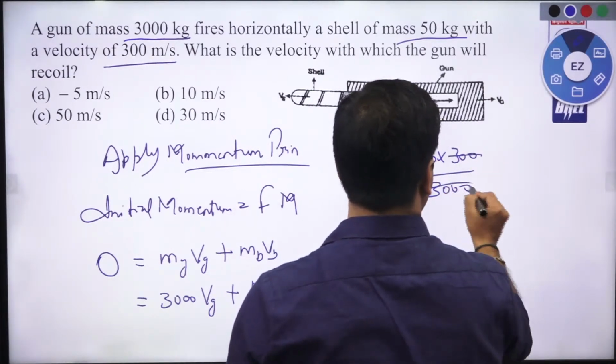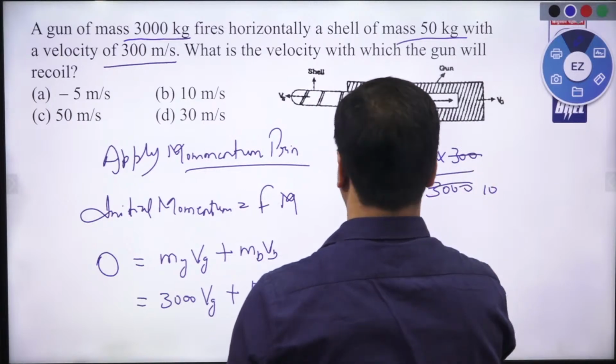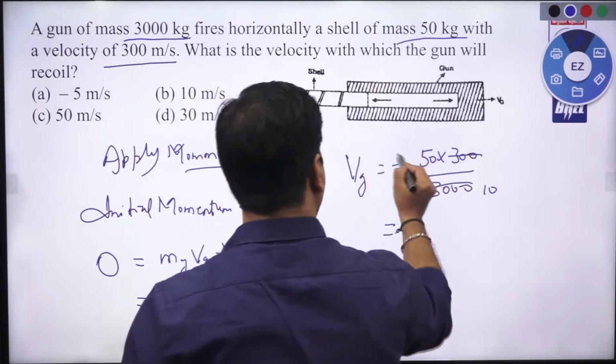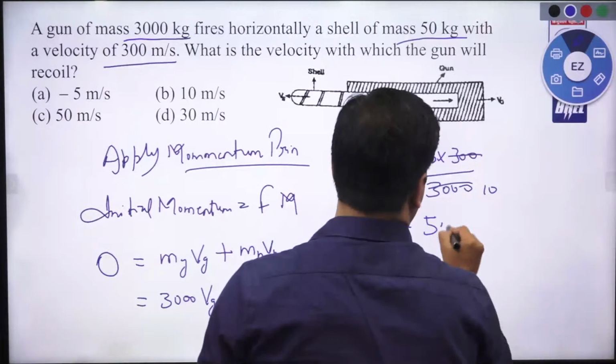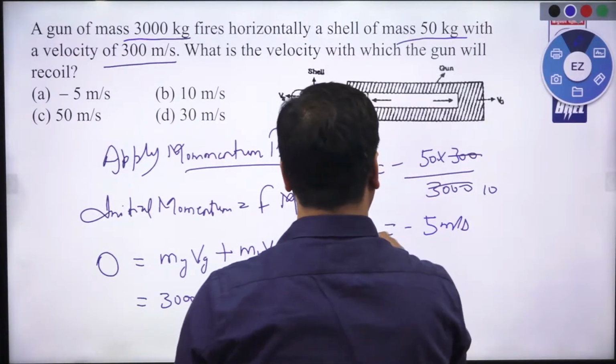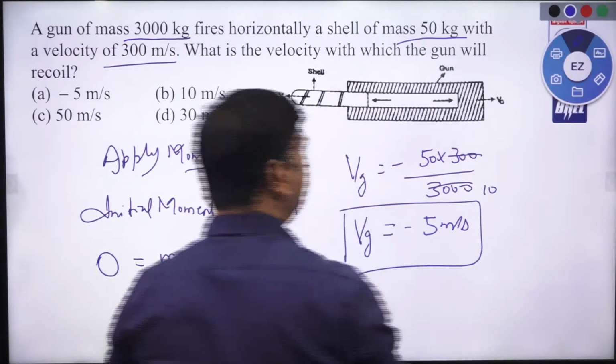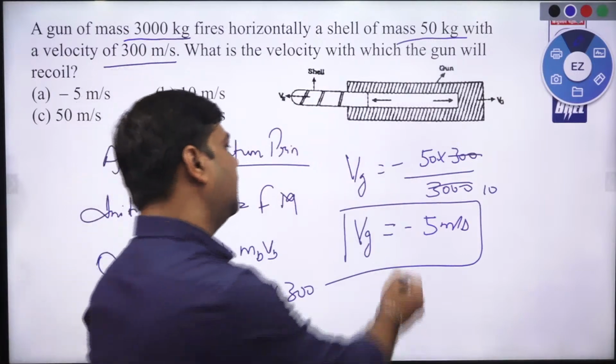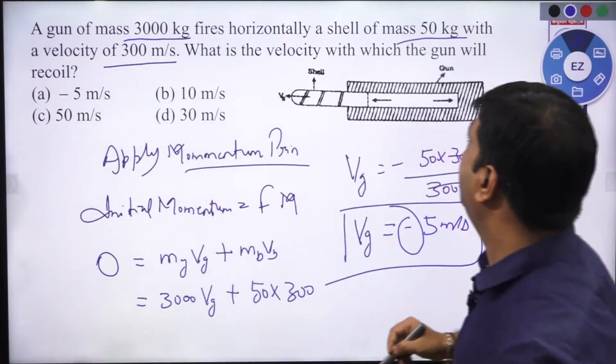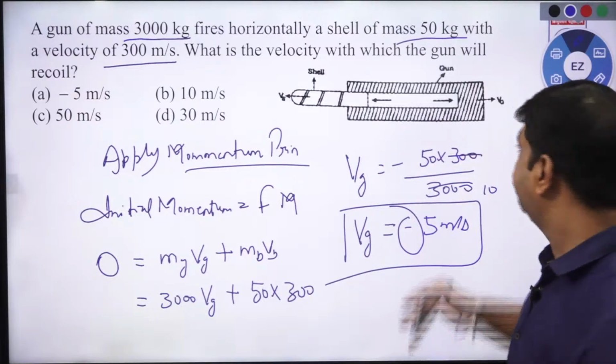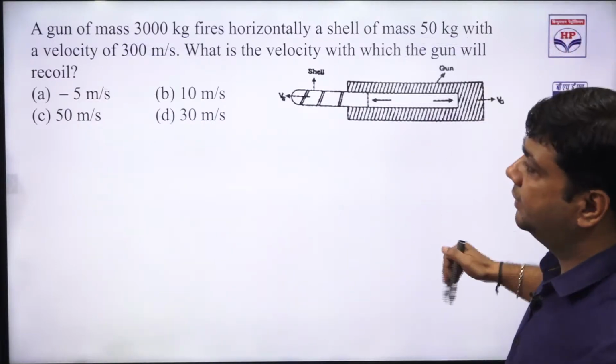What is this? This is 5, and what sign will it have? Minus, so minus 5 meter per second. This is the velocity of the gun, also known as the recoil velocity. The negative sign also shows that this is the recoil velocity. Okay, so the option is A.